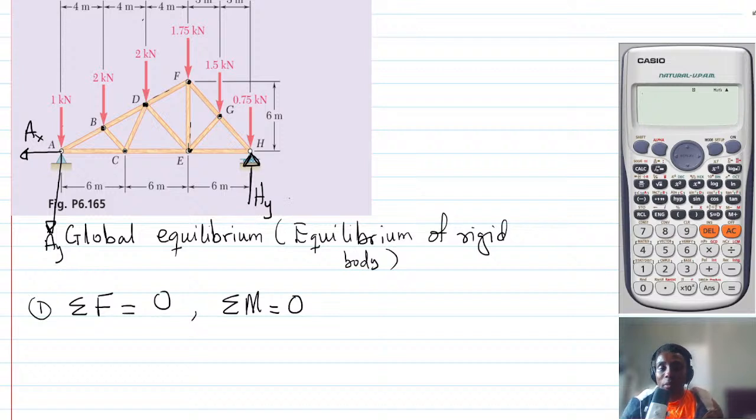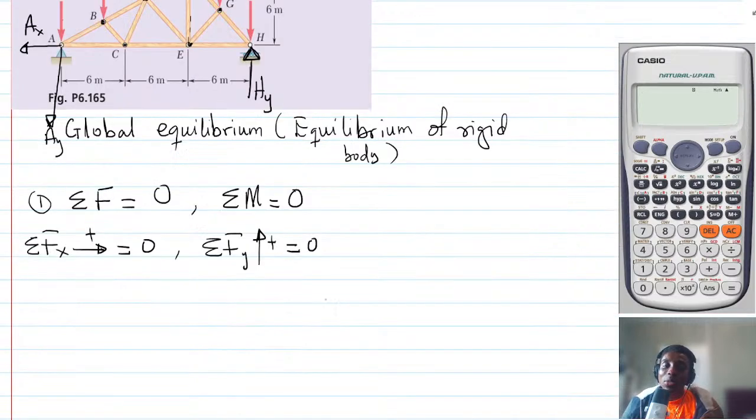Okay, so let's start. Number one, we are saying that the summation of forces is 0. That means the summation of forces along the X, positive in this direction, is 0, and the summation of forces along the Y, positive in this direction, is also 0. Let's look at the summation of forces in the X direction.